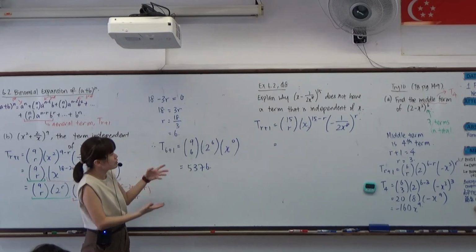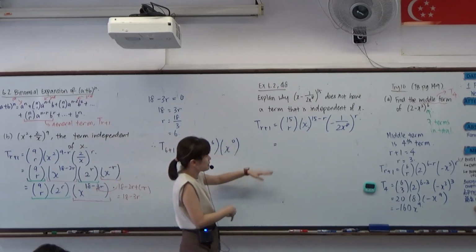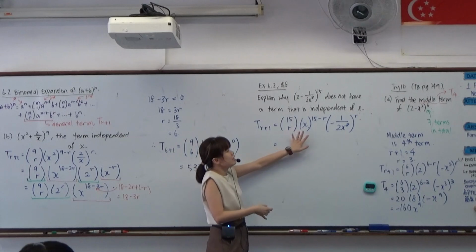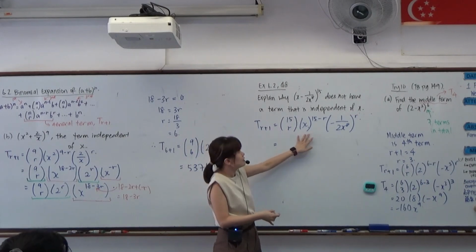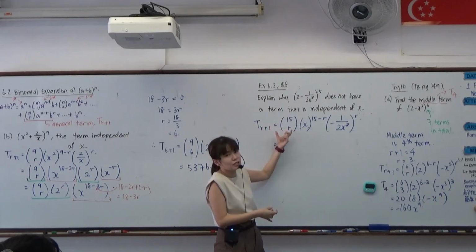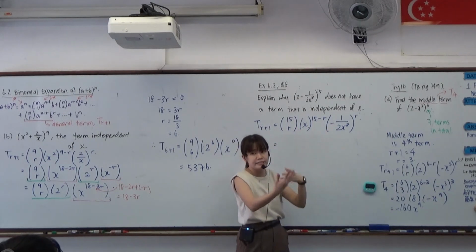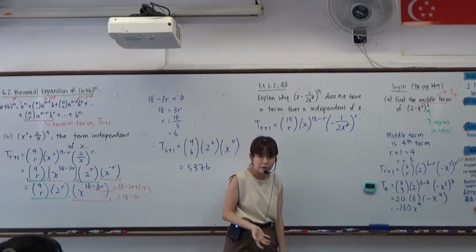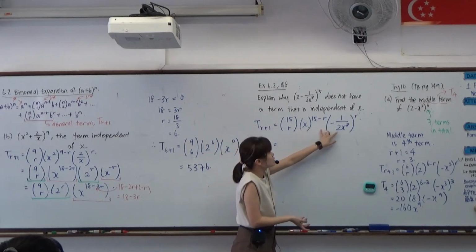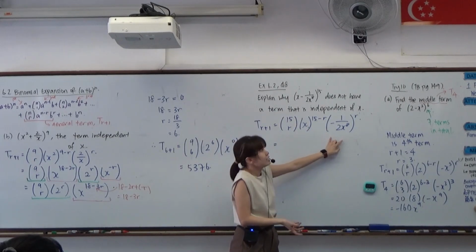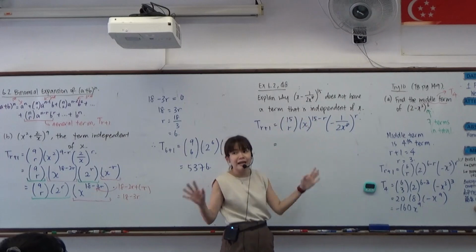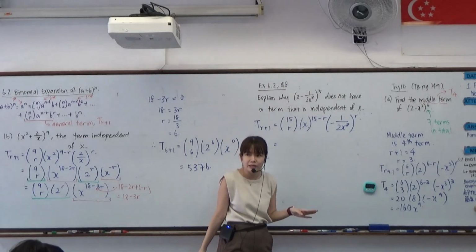Then in the general term itself, there will always be the part where there's a coefficient, the number, and there's also a part whereby there are x inside it, x or y and so on. That is what we call the variable. If I want something that doesn't have x inside it, that's what we call independent of x.